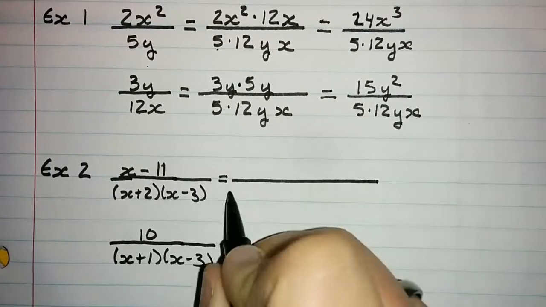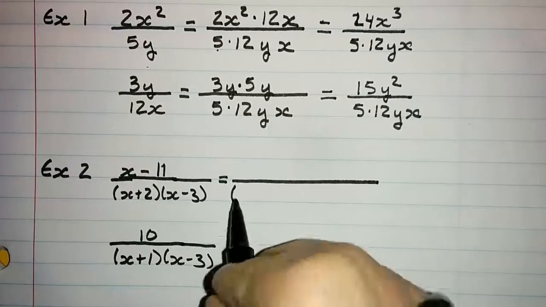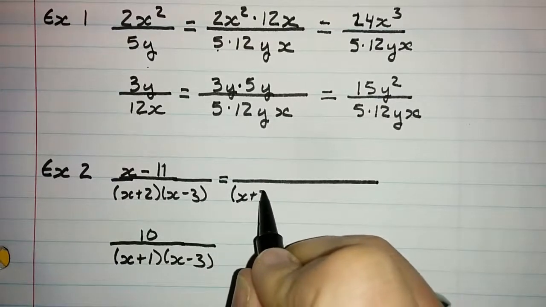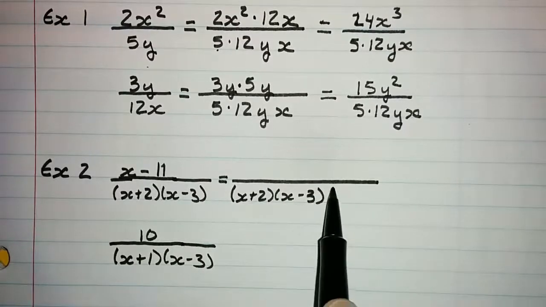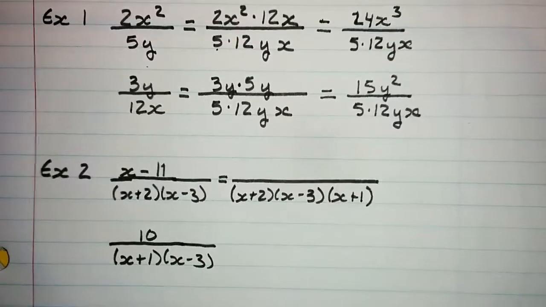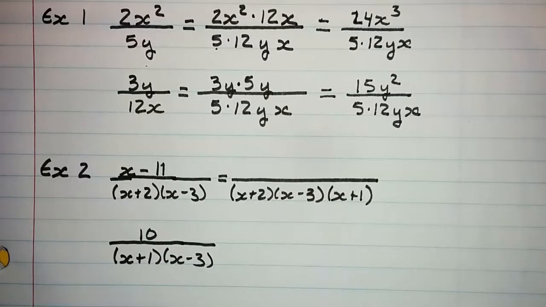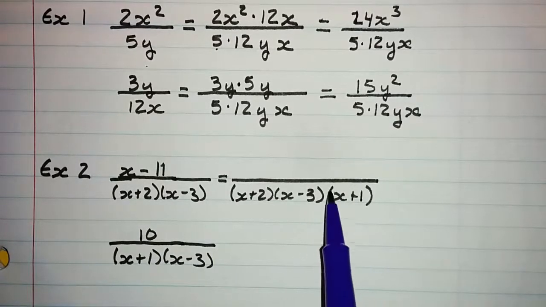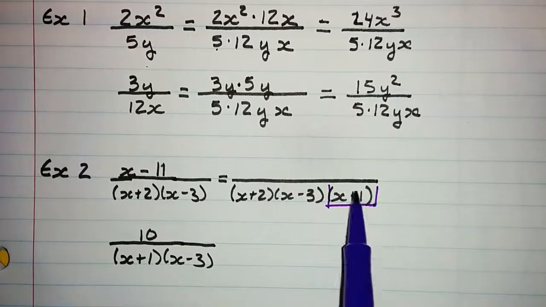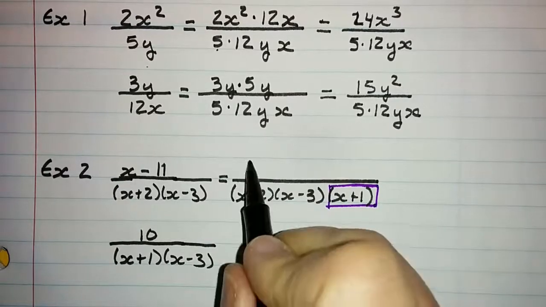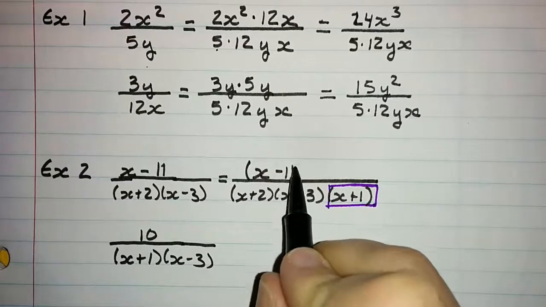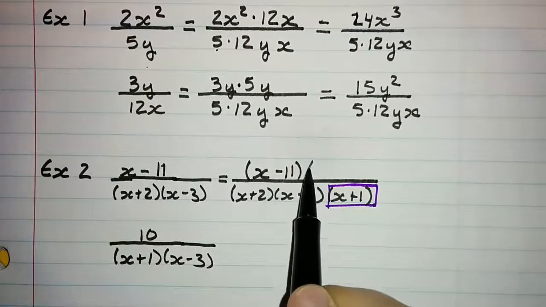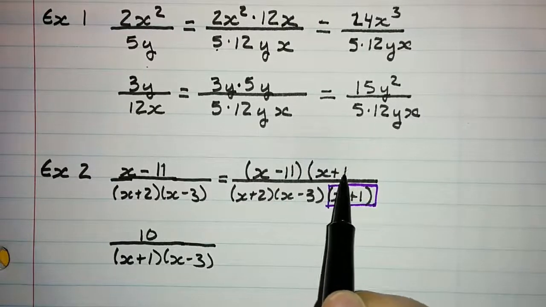Our least common denominator we found in the last video was x plus 2 times x minus 3 times x plus 1. Comparing these two denominators, it's easy to see that what I needed to multiply by was x plus 1. So my numerator will be the old x minus 11 times the new x plus 1.